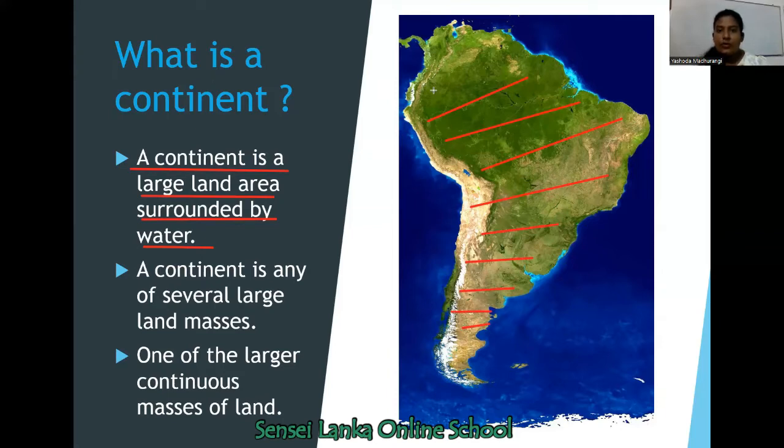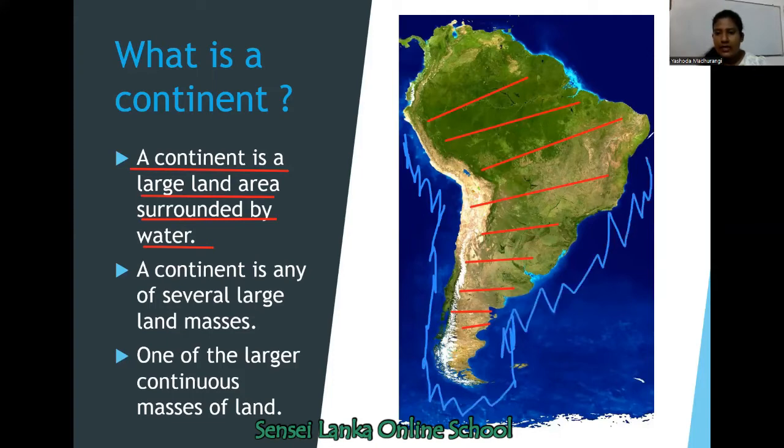That means around this we can see water. Look at this water in blue color. Can you see around the whole area? We can see water. So this is a continent. A very big land area which is completely surrounded by water.